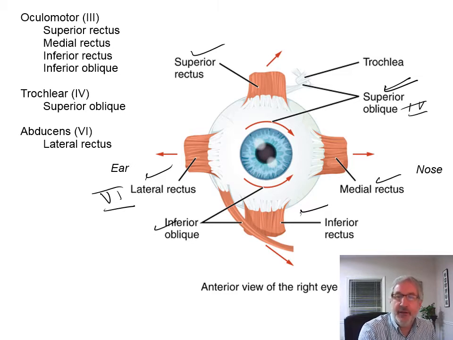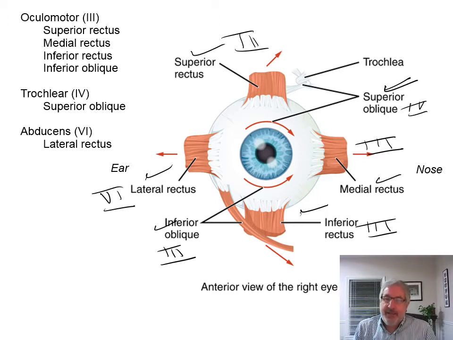Let me talk about the other muscles first before I get ahead of myself. The superior rectus is cranial nerve number 3. The medial rectus is cranial nerve number 3. The inferior rectus is cranial nerve number 3, and the inferior oblique is cranial nerve number 3. So you can see all those different muscles are innervated by these different nerves.